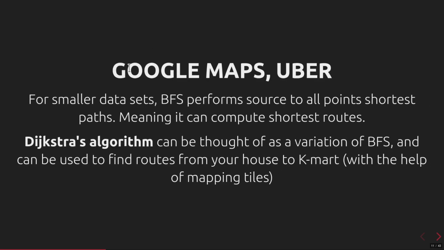So one way you could use this is for an application like Google Maps or Uber, right? Breadth first search performs from a source to all the points of shortest paths. So we said SSSP, single source shortest path.